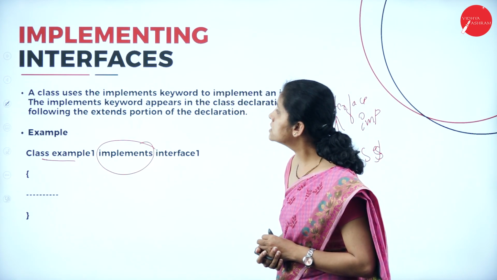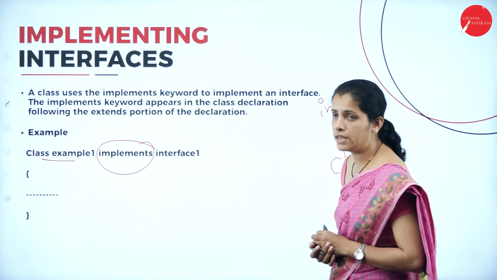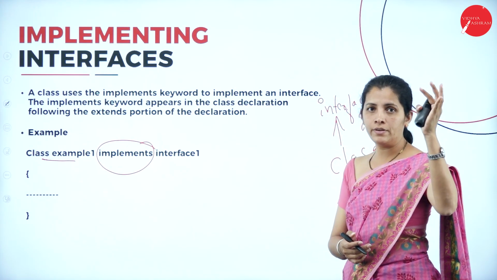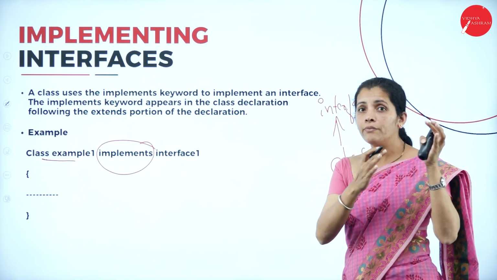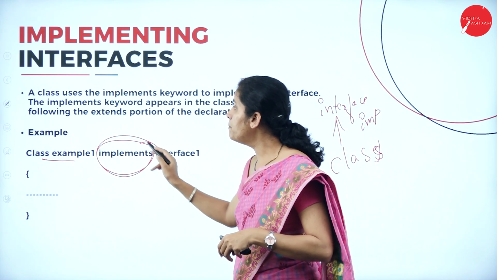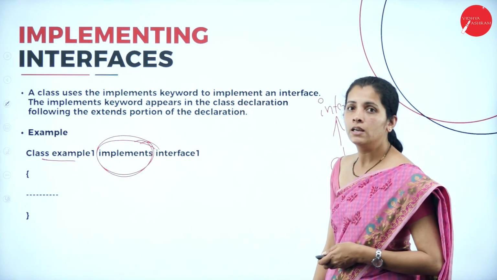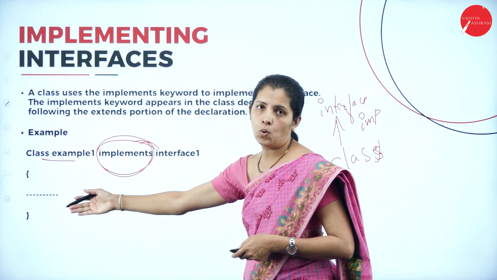So, a class uses the implements keyword to implement an interface. So, I'm having one interface and one class. Now, I want to implement this interface in my class. At that time, I'm going to use the implements keyword, and I'm going to write the code.